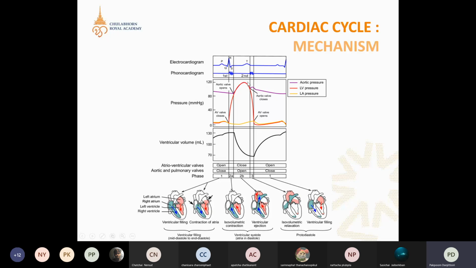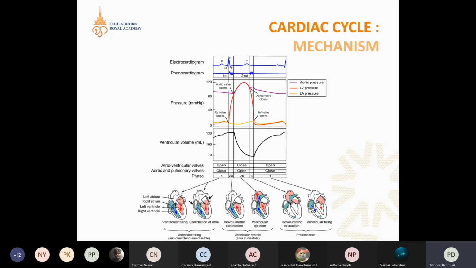And after the LV pressure or RV pressure is less than the pressure in the aorta, the aortic valve will close here, and after the aortic valve closes, we go to the isovolumetric relaxation time, right?